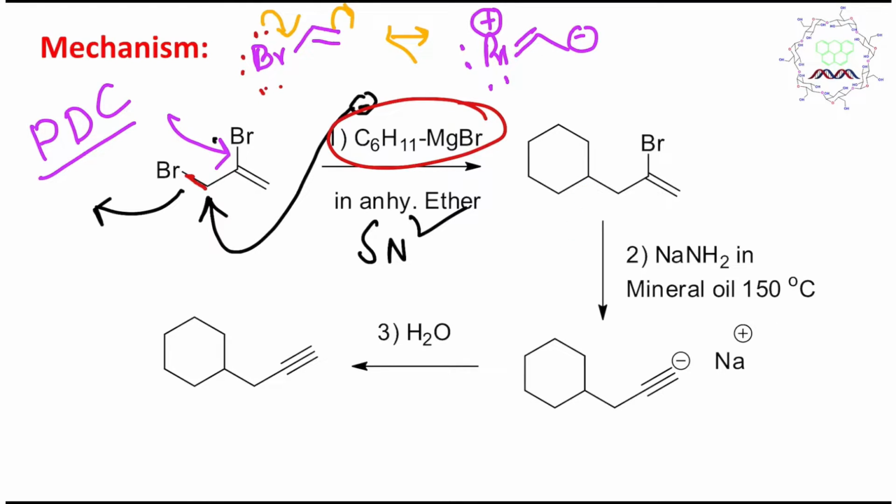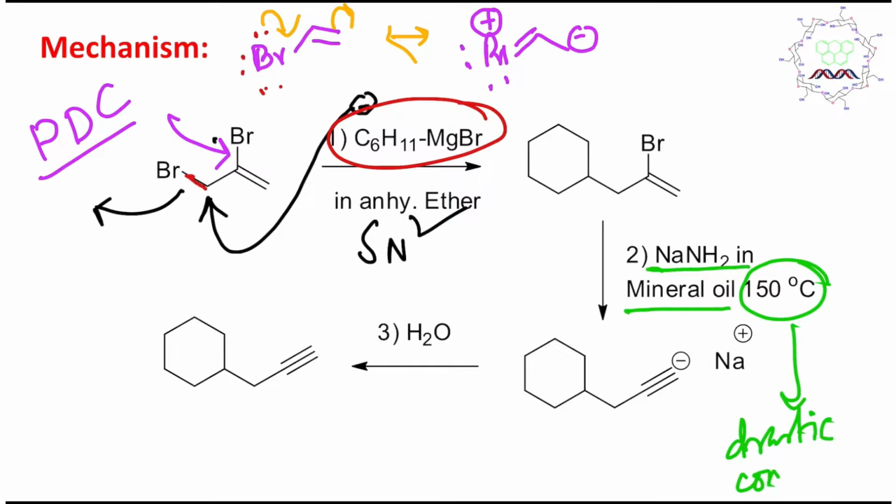Now in the next step, what happens, students? Sodium amide in mineral oil is heated at 150 degrees centigrade. It is a pretty drastic condition, because we know amide is a very strong base. So here it acts as a base and abstracts a proton.